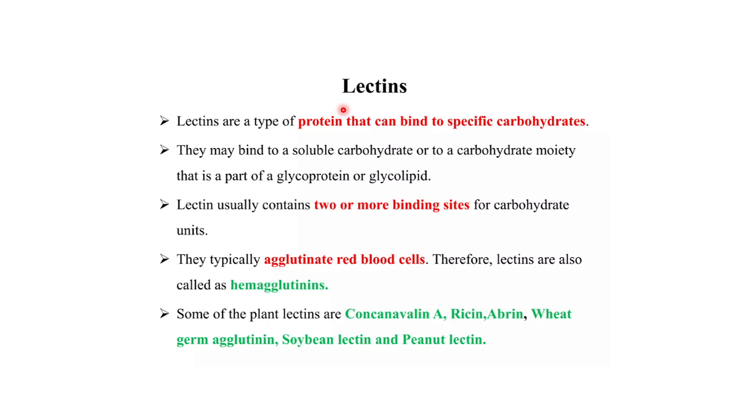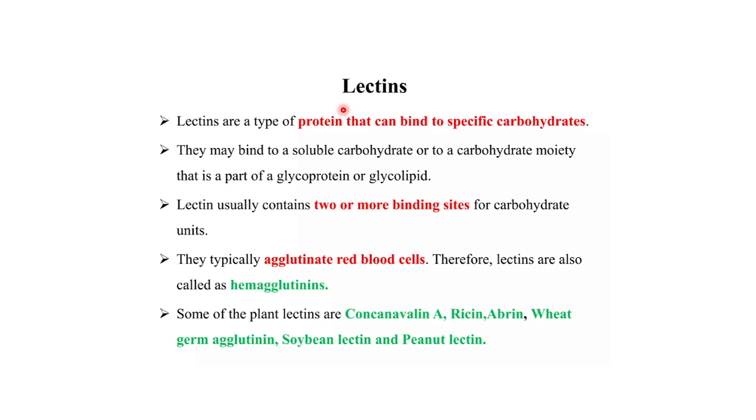Lectins usually contain more than one binding site for different carbohydrate units, and these typically agglutinate your red blood cells. Therefore, you can call these lectins hemagglutinins.